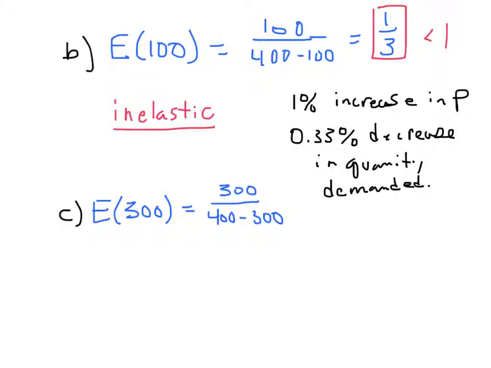And this value works out to be 3. It's 300 over 100, which is 3. So that's the elasticity at a price of 300. And as you know, this is greater than 1. So the demand is elastic at p equals $300.